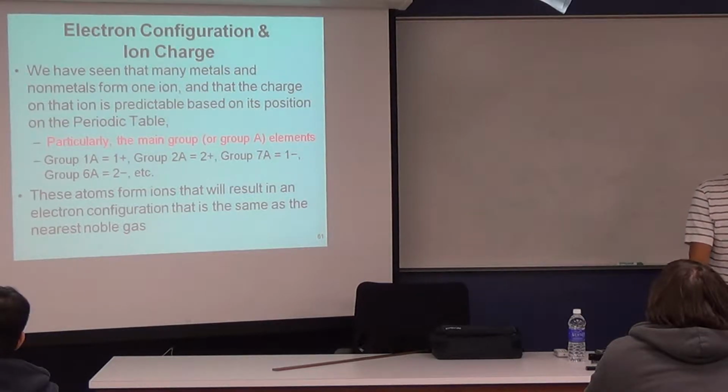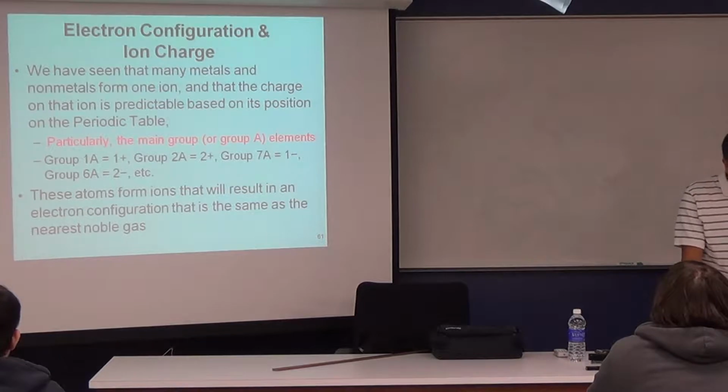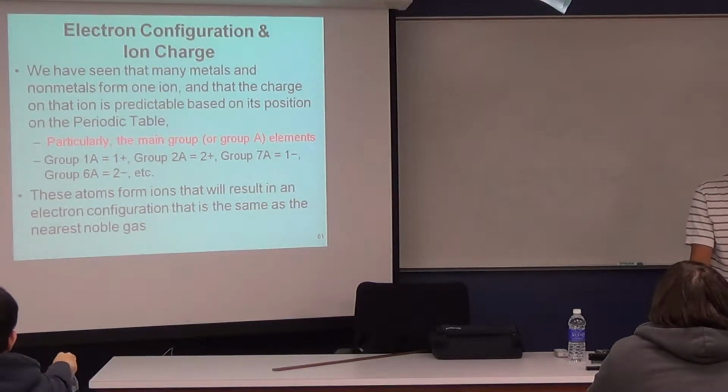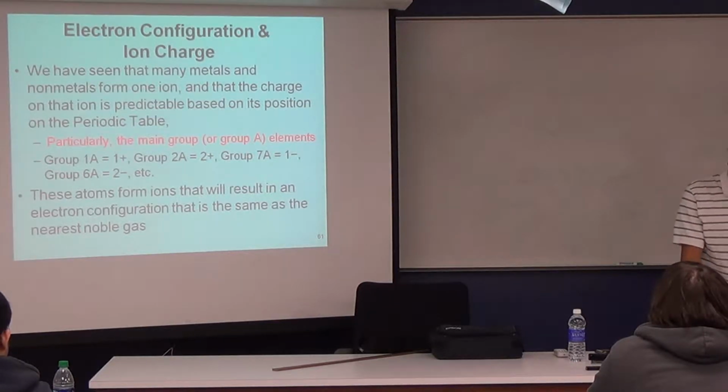For example, we already saw that many metals and non-metals form one type of ion, and the charge on that ion is unique, predictable, and based on its position on the periodic table.